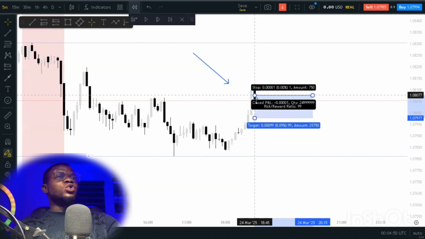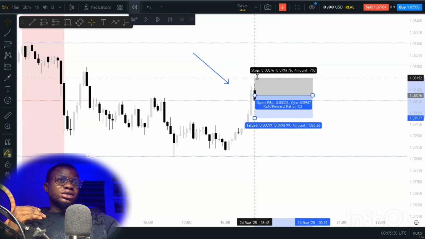Now what you have to do is look at the extreme end by the right, which is where your pips are located, and what you can see there is that our entry is 1.08077. I told you the third number after the decimal point is your 10 pips. So if that number increases by 1, that is 10 pips. The third number there is 0, then after the 0 we have 7, then 7. So that 0 needs to be increased to 1, giving 1.08177. That's a 10 pip move.